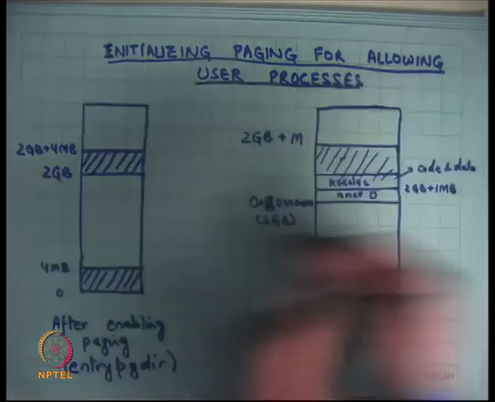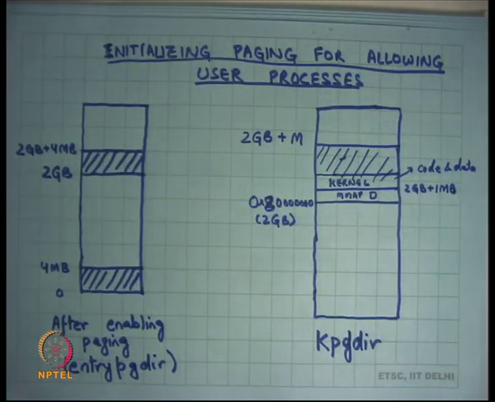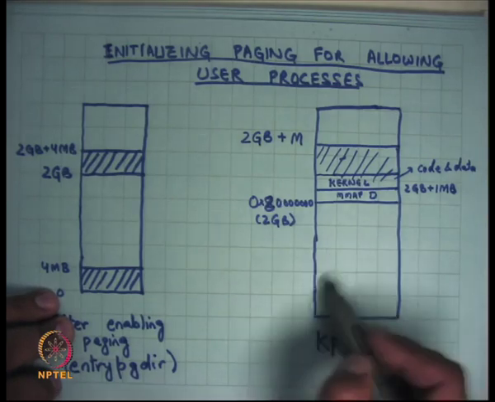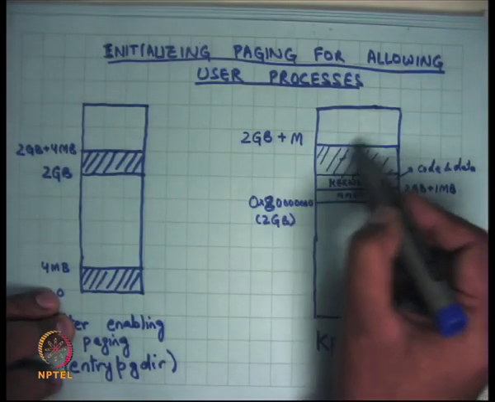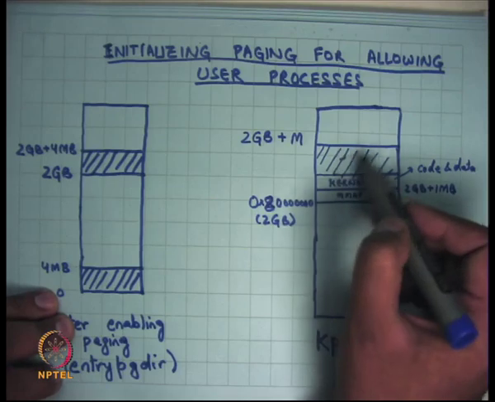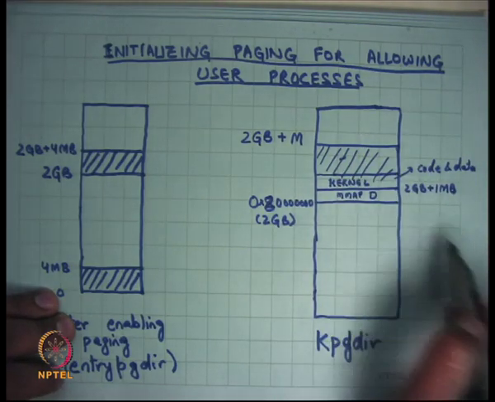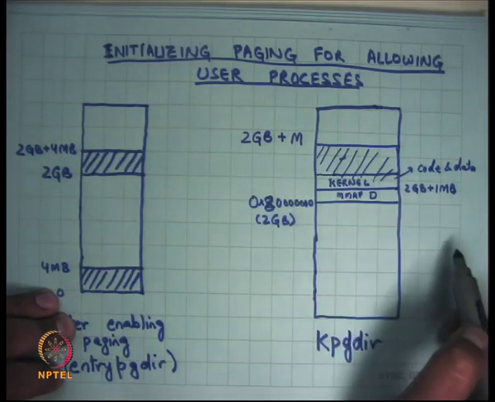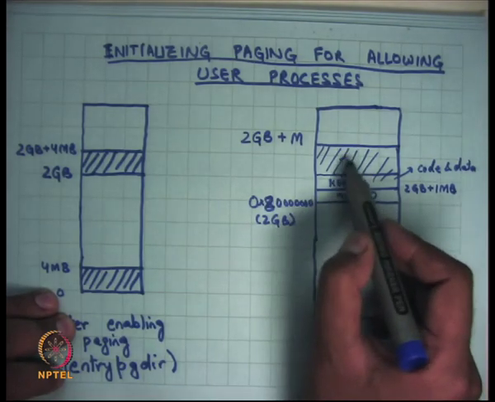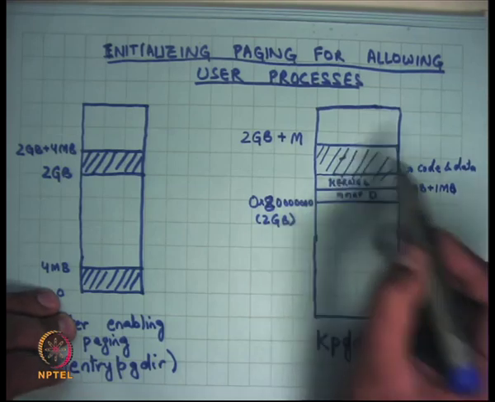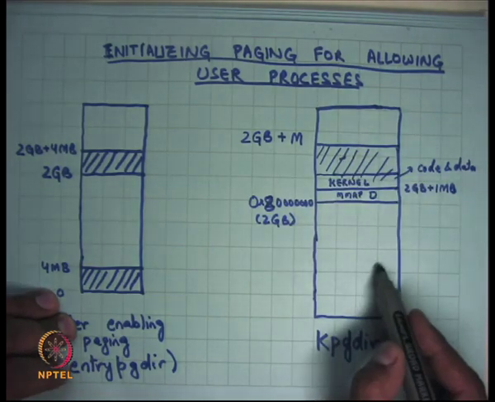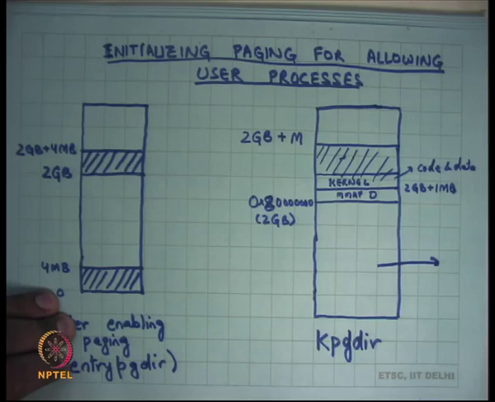Let's say a user says I want more pages, or a user says I want to load a particular executable, and that executable is larger than the current allocation of the process. It's going to create mappings here, allocating some space from here. Whatever space it allocates from here will have some backup in physical memory, some pointer into the physical memory. So whatever pointer I get from allocation here, I'm going to convert it into its corresponding physical address, and then create a mapping from here to that physical address.